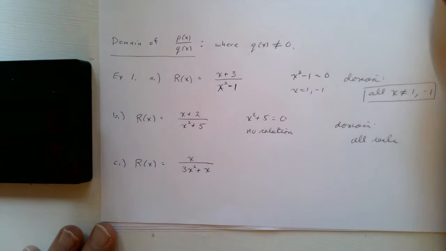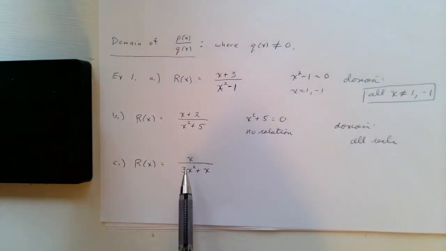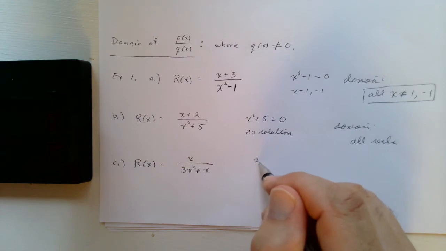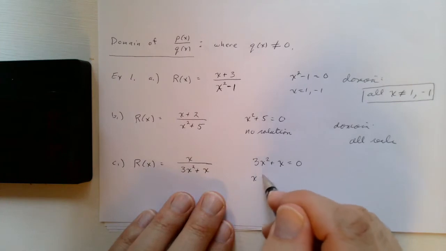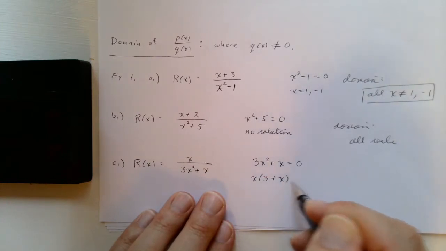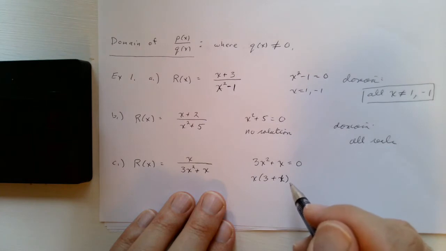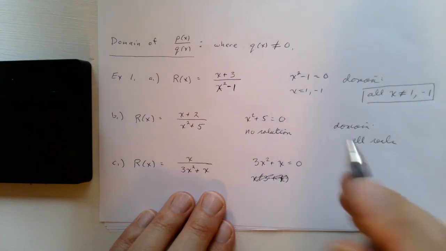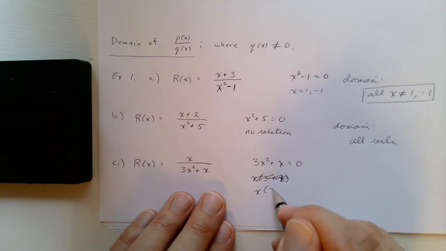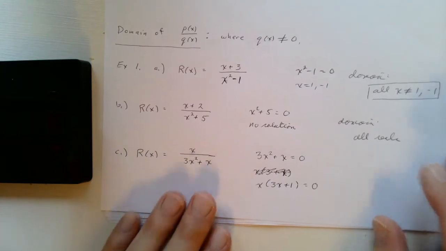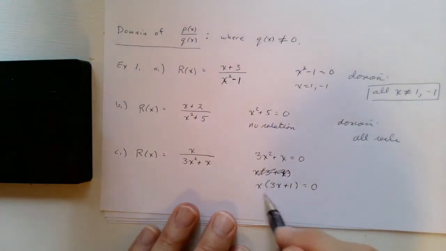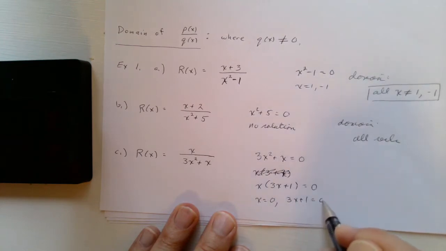And then down here, the denominator is 3x squared plus x. We can factor out an x. Try again. Factor out the x, and we get x times 3x plus 1 equals 0. So either x is 0 or 3x plus 1 is 0, which means x will be negative 1/3.